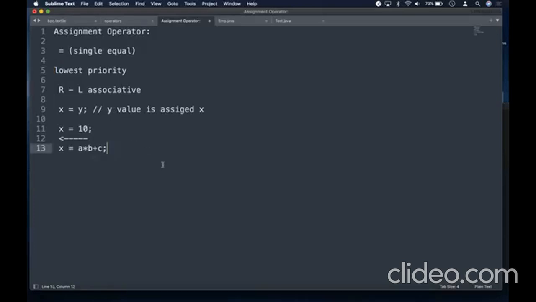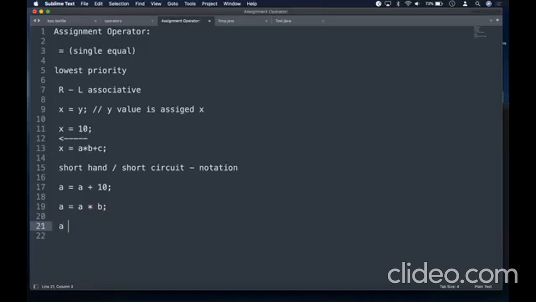Okay, and there is one shorthand notation, or we can say short circuit notation, for the assignment operator. So what is this actually? This is possible whenever you have something like this. For example, a equal to a plus 10. Otherwise a equal to a into b, and any other operators also.